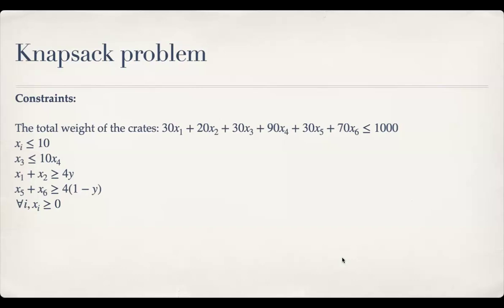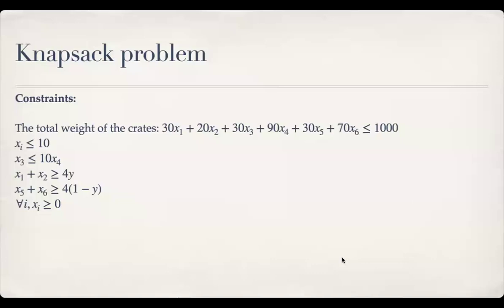Okay? So we handle the second condition by this constraint, this expression x3 is less than or equal to 10x4. And we need 10 here, right? If we don't put 10 here, x3 is less than or equal to x4.